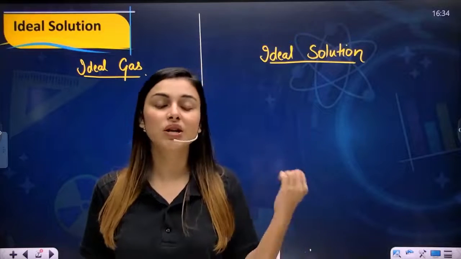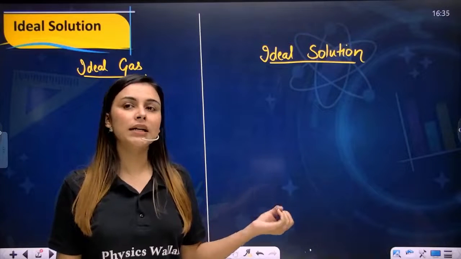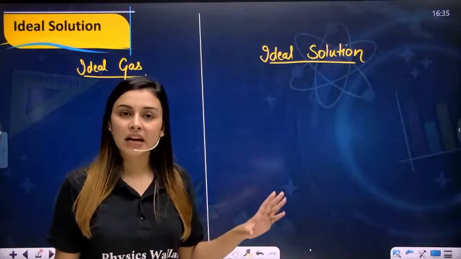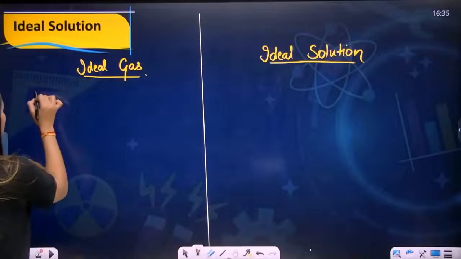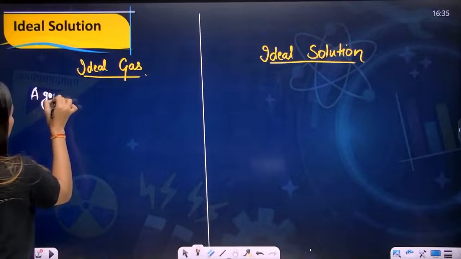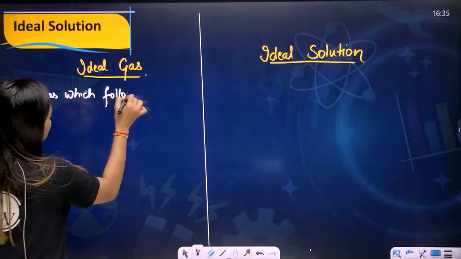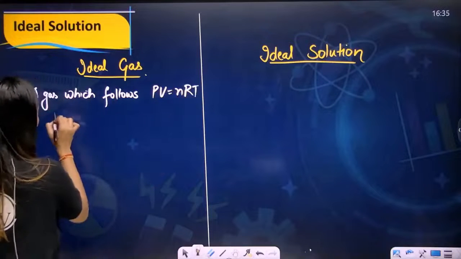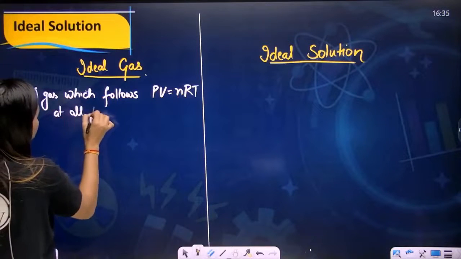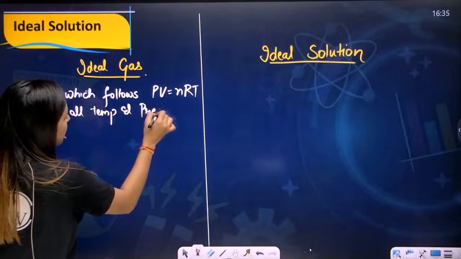A gas which can follow the ideal gas equation PV equals nRT at every temperature and pressure is known as the ideal gas. So a gas which follows PV equals nRT at all temperatures and pressures, right?